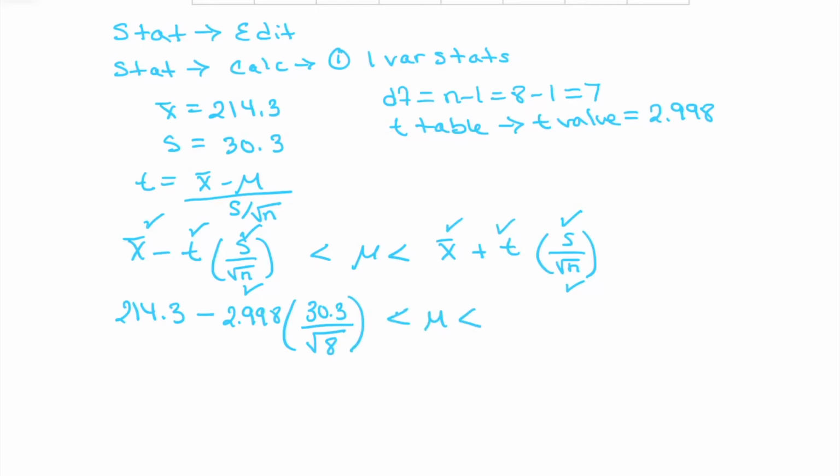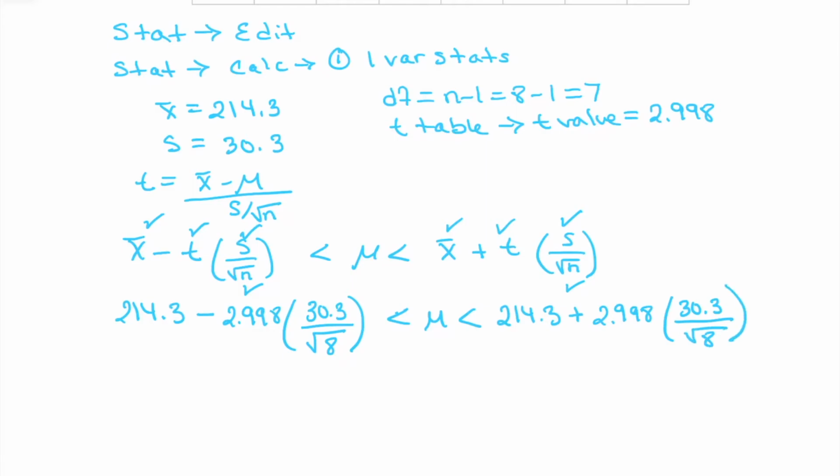On the right-hand side, we have the same figures, just adding: 214.3 plus 2.998 times 30.3 divided by the square root of n. And we close that parenthesis.